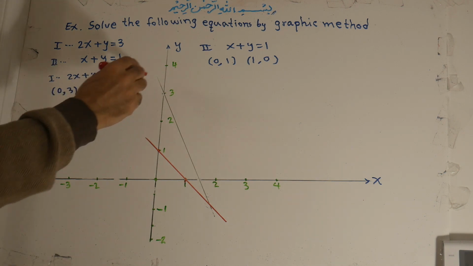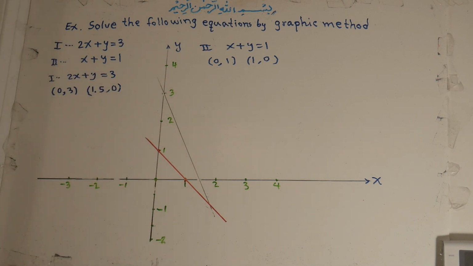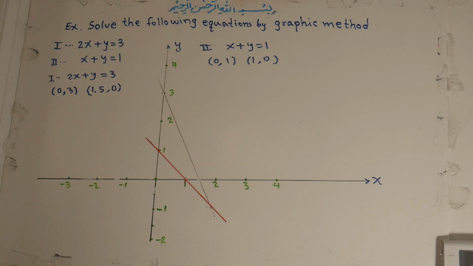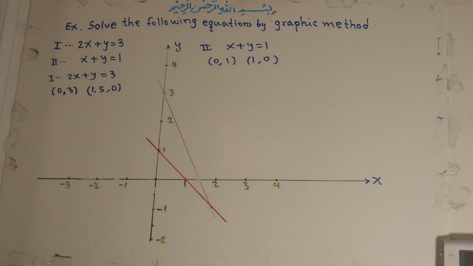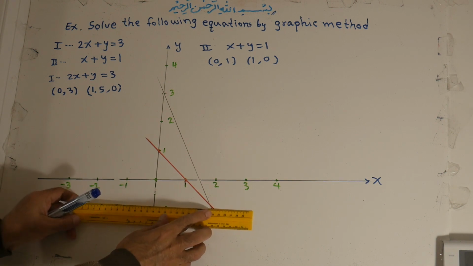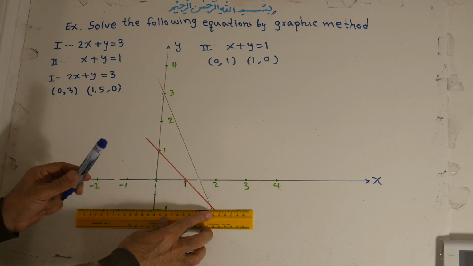This one is the graph for the first equation, and this red one is the graph for the second equation. Now, this is the intersection point of equations number 1 and 2. Now we draw a line from there to here.